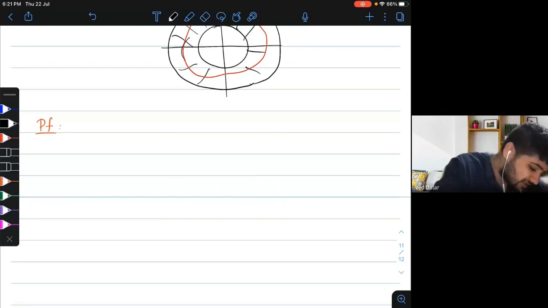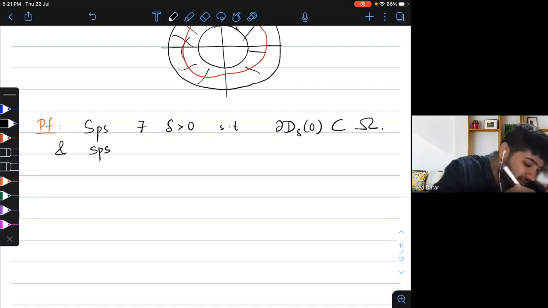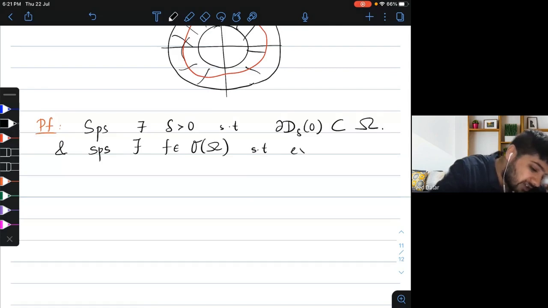So suppose there exists a delta such that this circle is contained inside omega. So I'm assuming condition 2. And suppose there exists a holomorphic function which is a holomorphic logarithm.